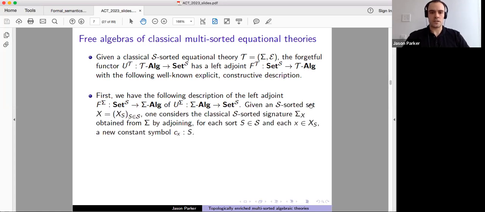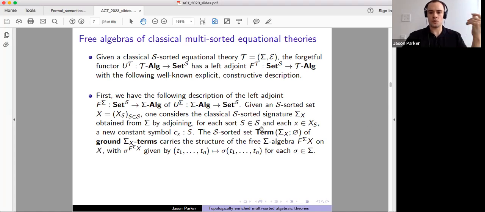Given an S-sorted set X with component sets X sub S, we first define an augmented signature, sigma sub X, that we obtain from sigma by adjoining for each sort S and each element x in the set X sub S, a new constant symbol, which we can write as c sub x of that sort. So basically, we're adjoining new constants for all of the elements in the component sets of capital X.